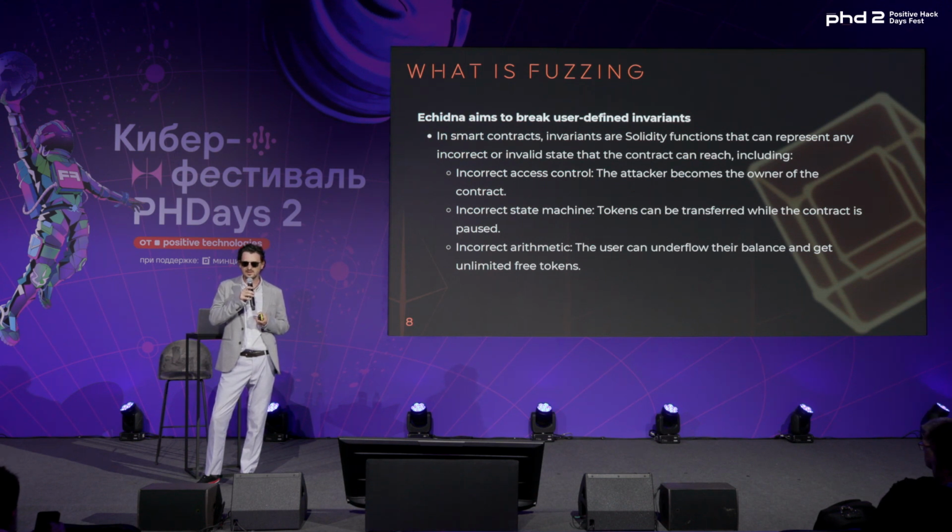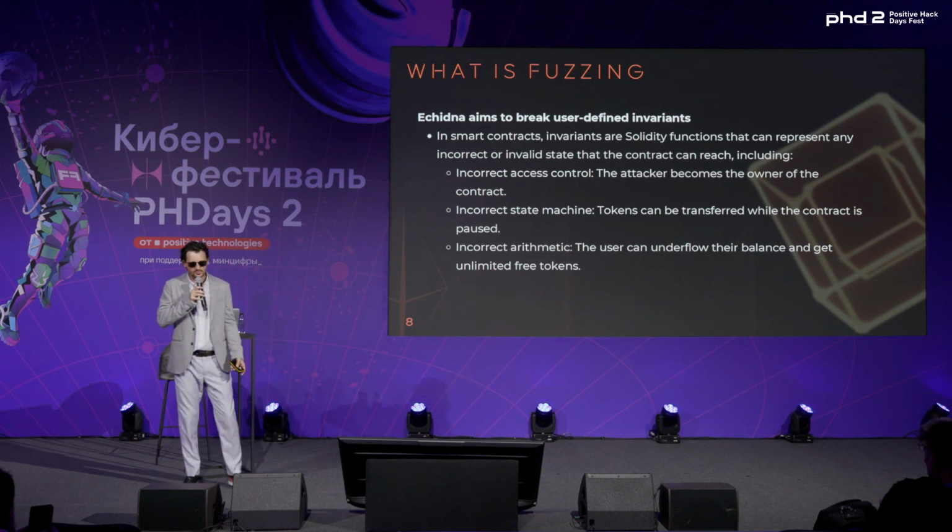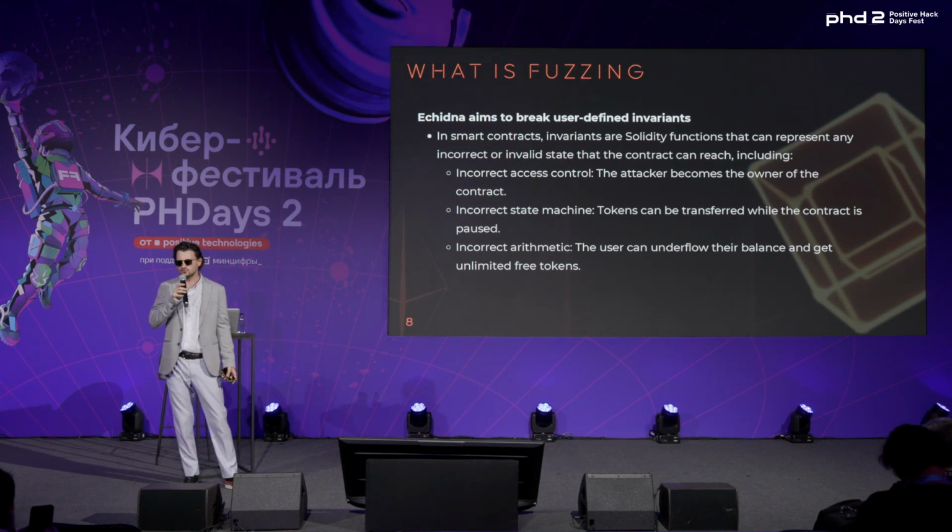Echidna helps us find these edge cases, which we never even thought of. We don't need to think about them. We just need to state that the owner has changed, and Echidna randomly finds these functions.